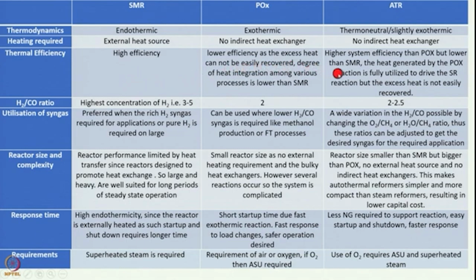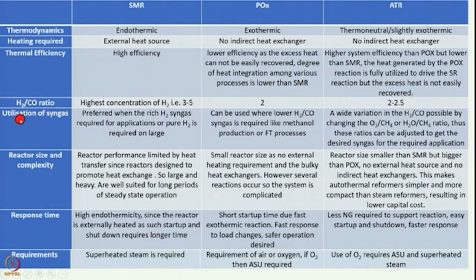In autothermal reforming, the system efficiency is comparatively higher than partial oxidation because the heat produced is utilized by the reaction within the reactor, but at the same time the reaction heat cannot be completely recovered. So, the excess heat being produced cannot be recovered in the process.